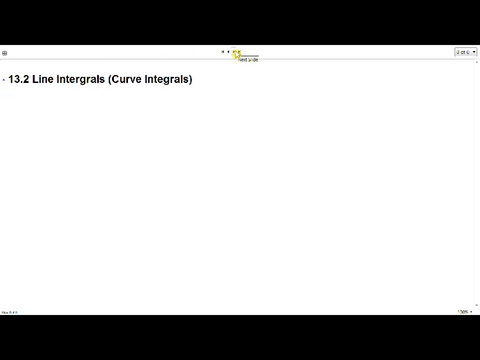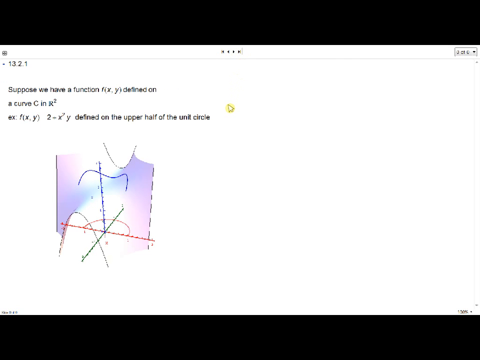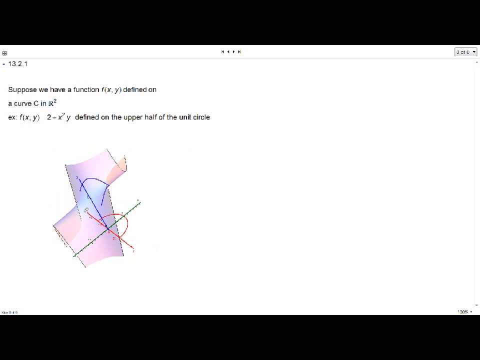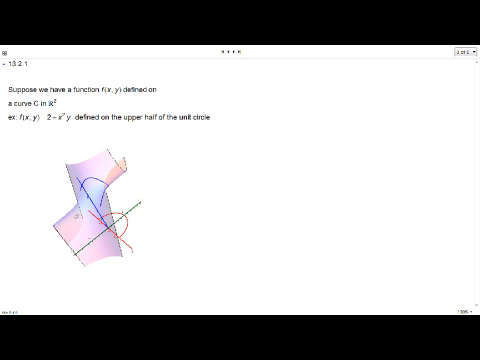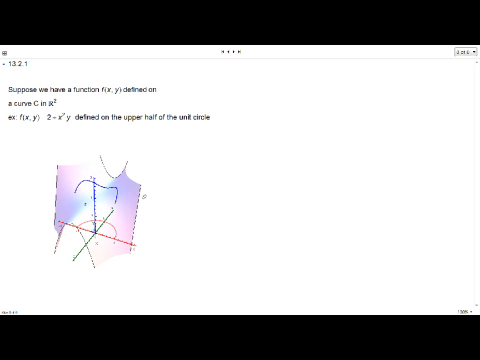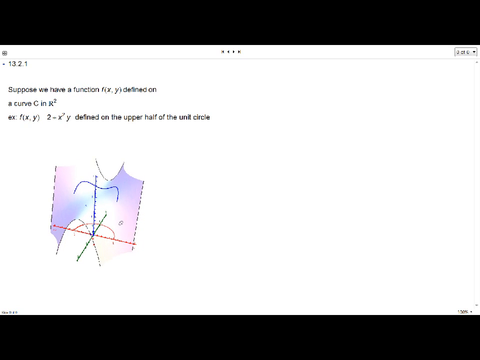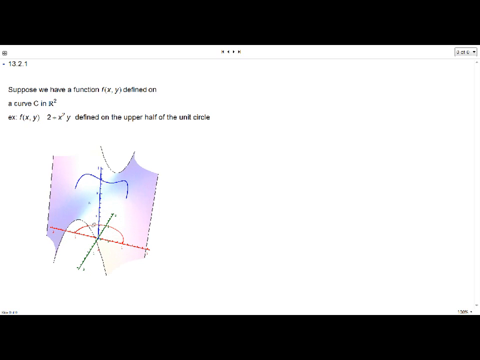Okay, line integrals, or also called curve integrals. All right, suppose we have a function f of x, y defined on a curve C in two-dimensional space. So here's our function. Our function of two variables is a surface, right? We restrict that surface to a curve. So on the ground, the domain is this little semicircle right here.